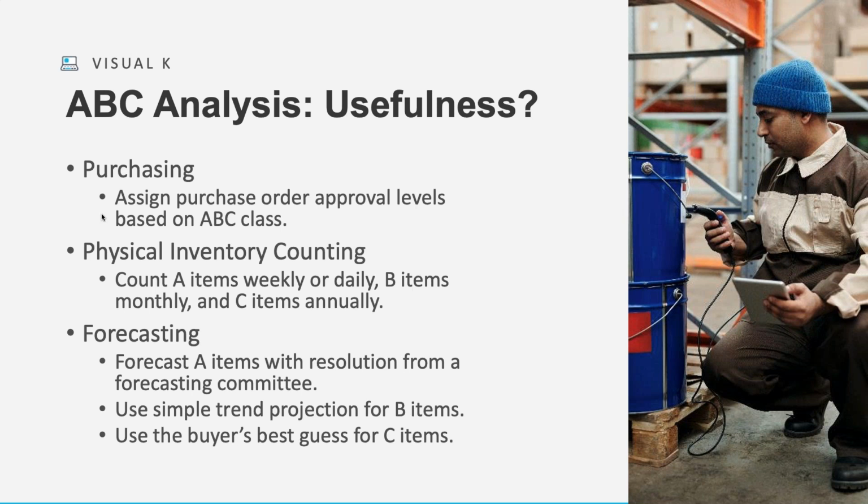Or you can use some kind of trend projection for class B items, right? Or the buyer can say, well, I typically buy two of these every 4 months, so they can use their judgment in forecasting the things I need to buy, right? So that also reflects the approval levels, right? We want to incorporate specific people in the process of generating these requisitions by using this ABC class.